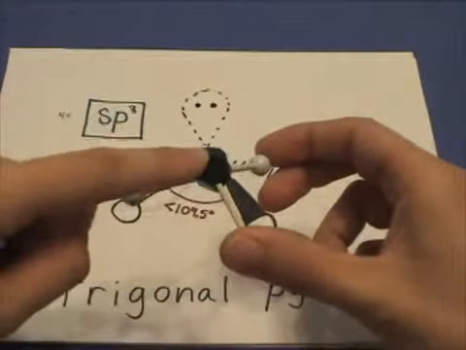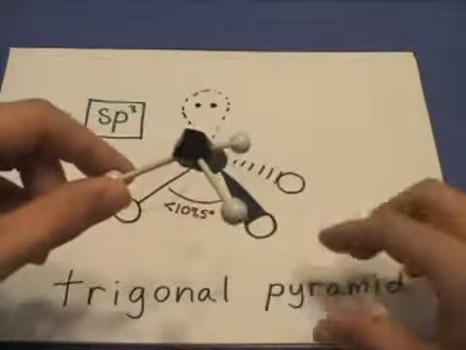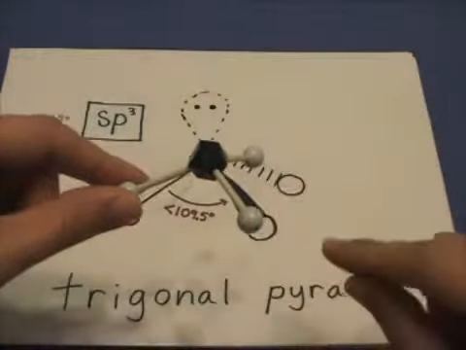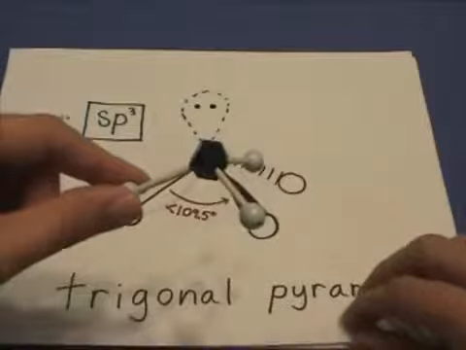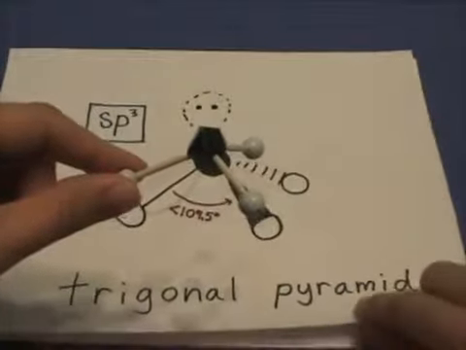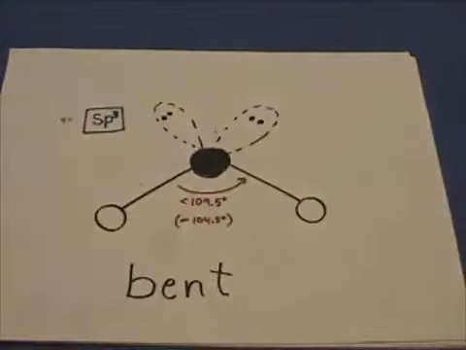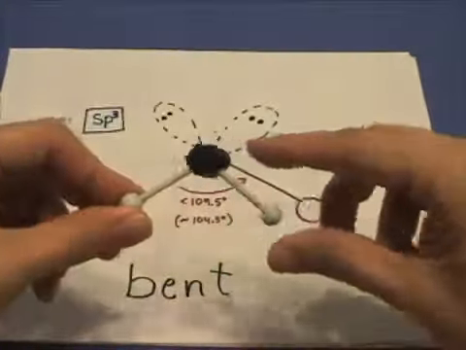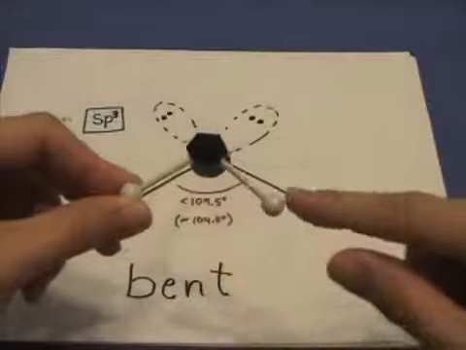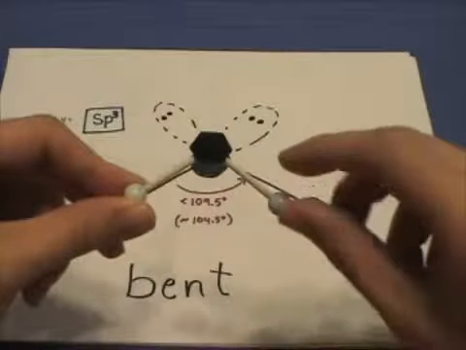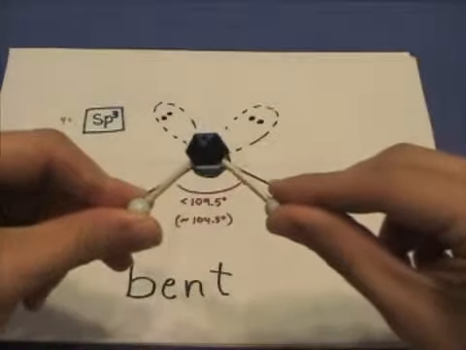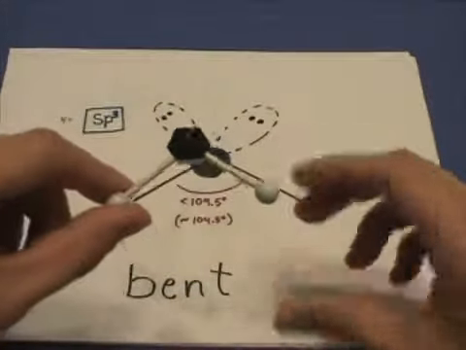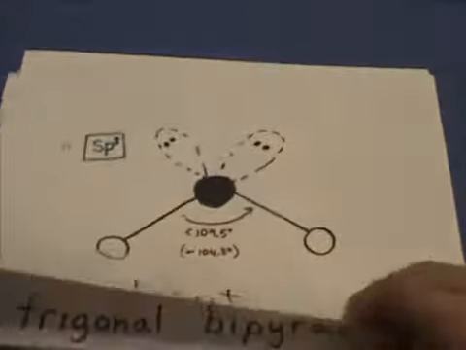This central atom is sp3 hybridized. An example of this shape would be ammonia, NH3, trigonal pyramid. If one of these sigma bonds is instead a lone pair of electrons, then the molecular shape is bent. There are less than 109.5 degree bond angles, and this central atom is still sp3 hybridized.